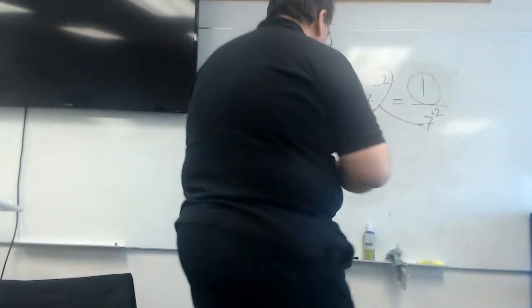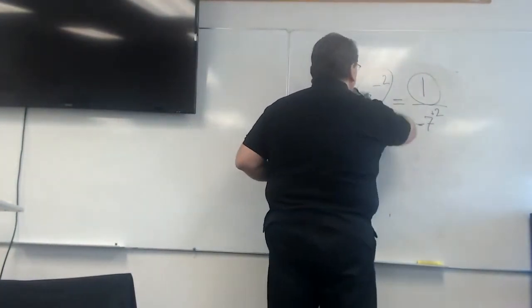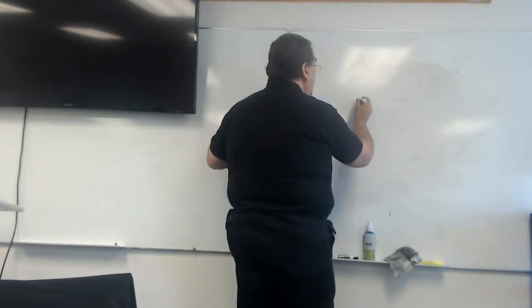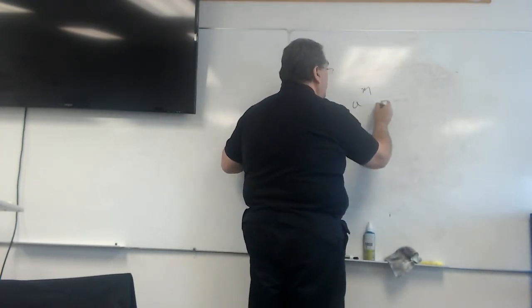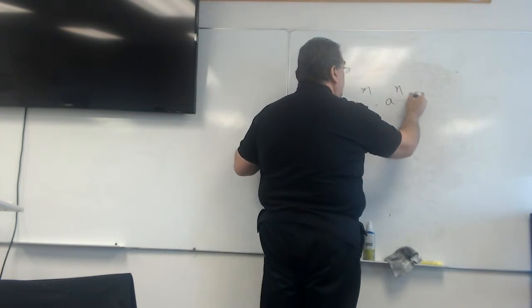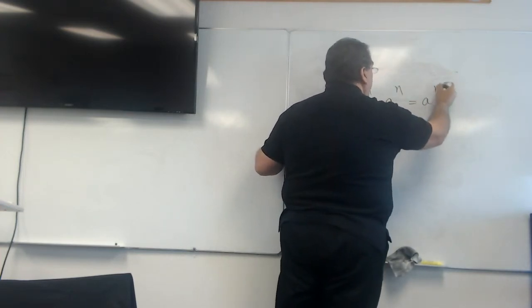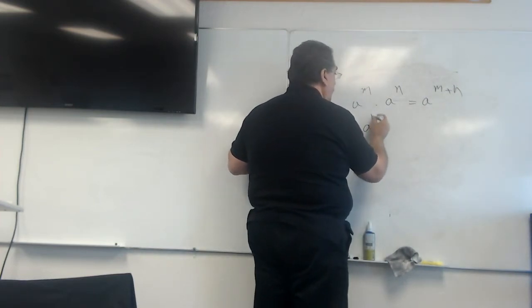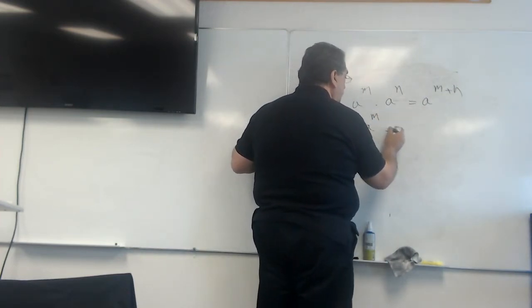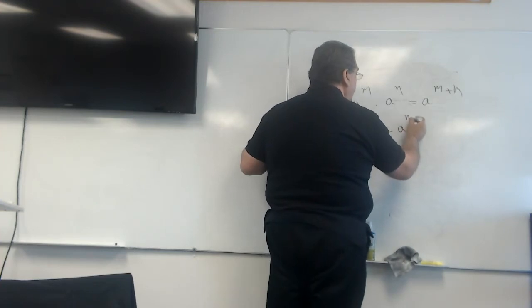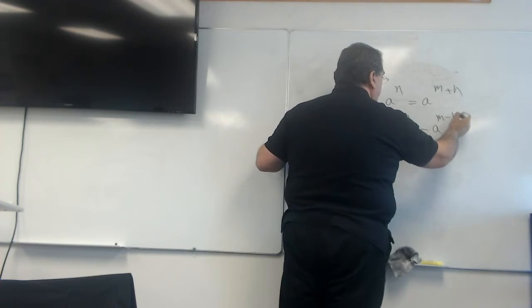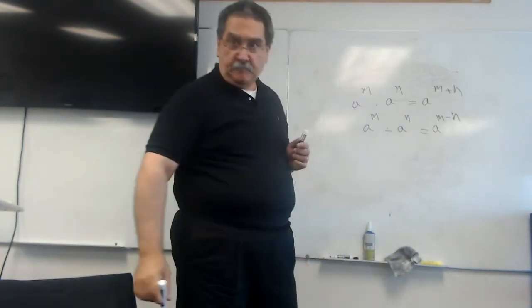All right. On the PowerPoint, a to the power of m times a to the power of n is a to the power of m plus n. If I have a to the power of m divided by a to the power of n, it's a to the power of m minus n.